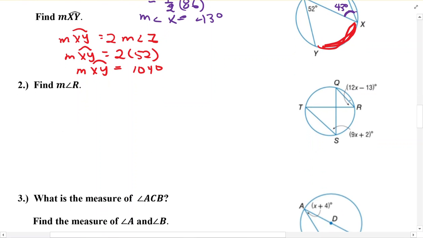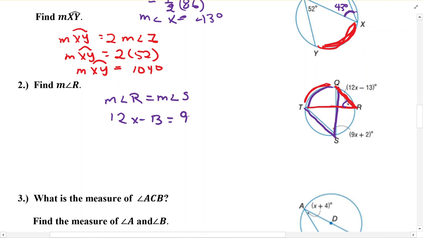We want to find the measure of angle R, and if I look at this, TS intercepts QT, and angle R right here intercepts also QT. So I know that the measure of angle R equals the measure of angle S. So 12x minus 13 equals 9x plus 2. Subtract the 9x from both sides. I have 3x. Add the 13 and I have 15.